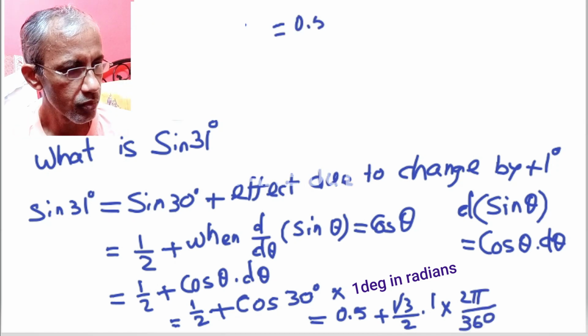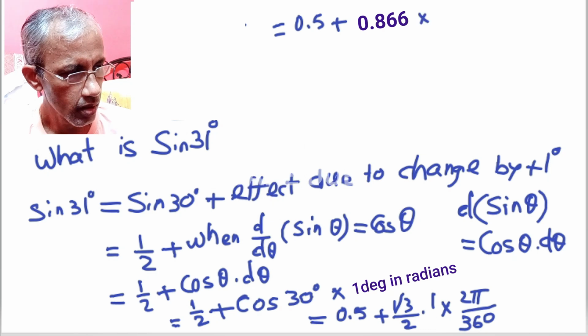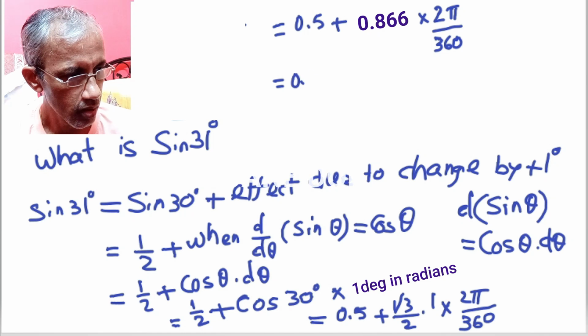That is equal to 0.5 plus 0.866 multiplied by 2 pi over 360, which is equal to 0.5 plus 0.015, which is equal to 0.515.